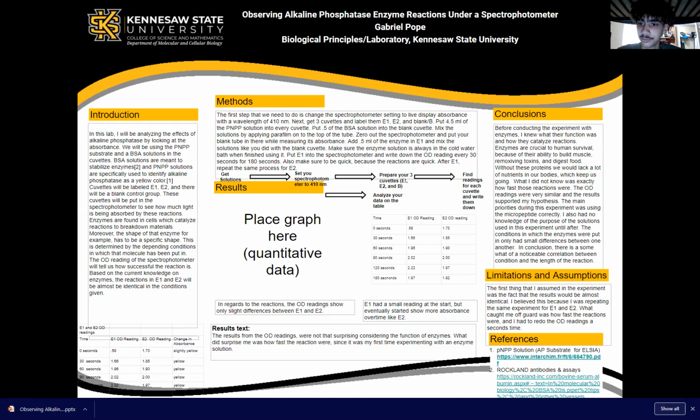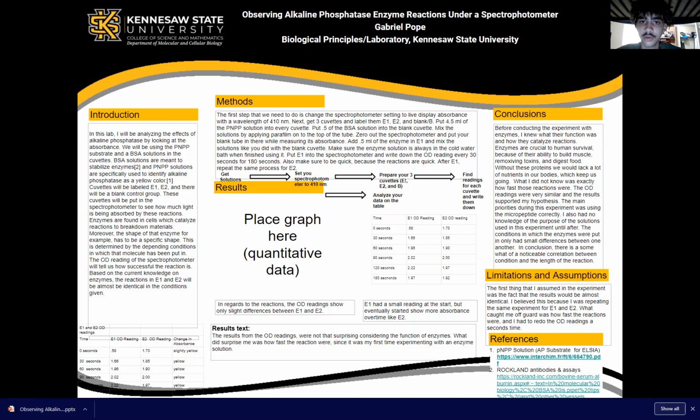Also, the OD readings, like I said before, were very similar, and that supported my hypothesis. My main priority during this experiment was trying to use the micropipettes properly, because I already knew that something was going to go wrong with them. I wanted to make sure I got the correct amount of each solution and enzyme into the cuvettes.